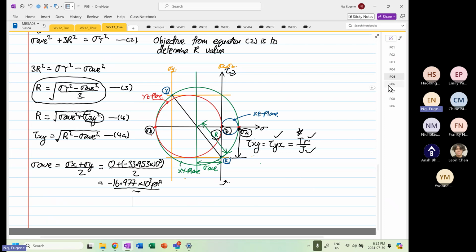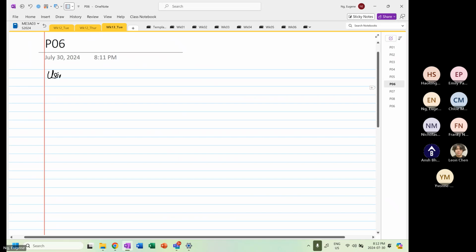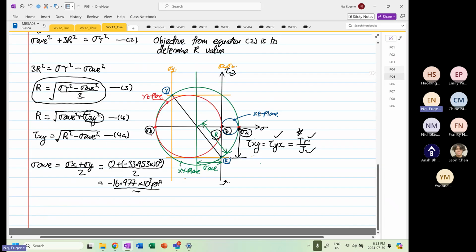Using equation number 3, R is equal to the square root of stress U squared minus stress average squared, divided by 3.